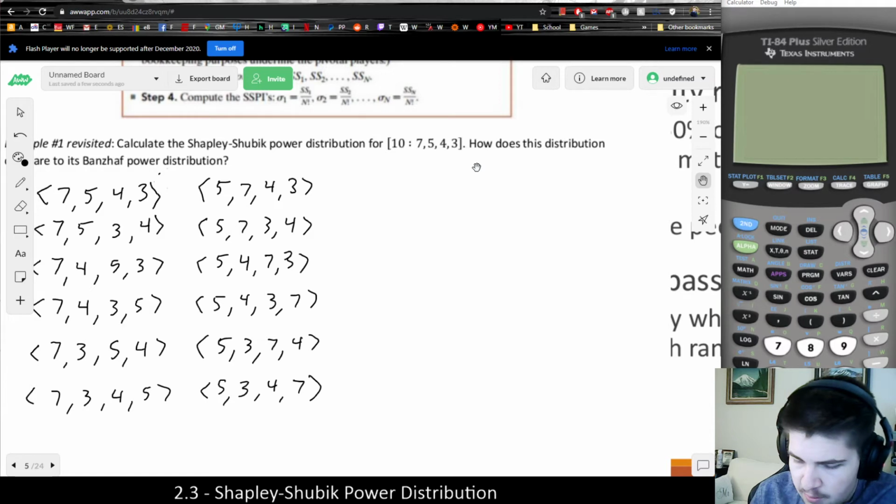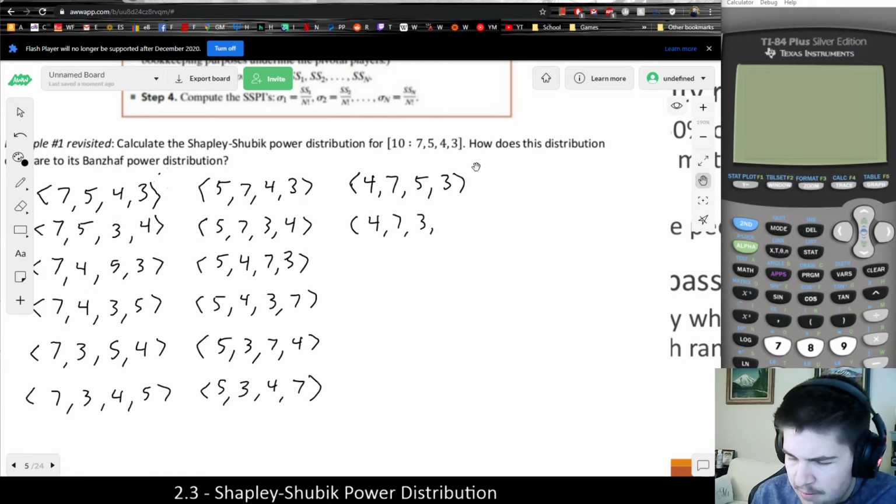So if I were to start with 4, I could, again, starting with the largest first, do 4, 7, and then that would leave me with 2 more options of 5, 3, and 3, 5. I could have 4 and 5, which would leave me 7, 3, or 3, 7.